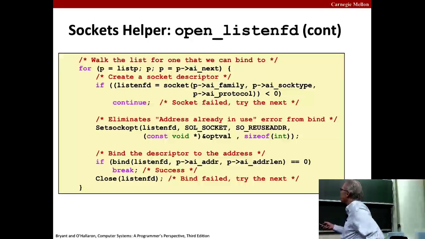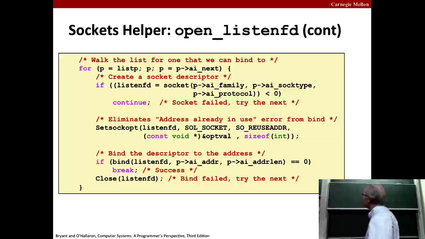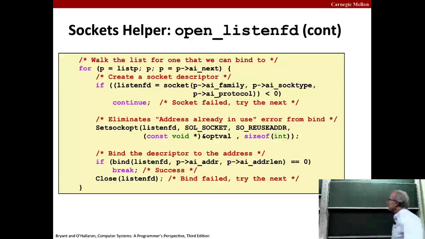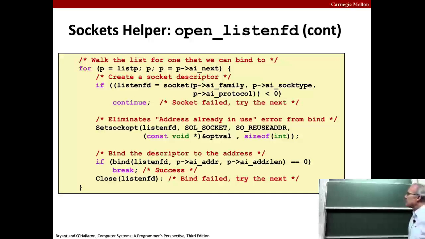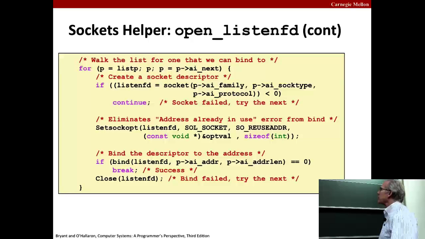Then again, it passes in the information that was filled in by the call to getaddrinfo. We're not quite done yet, but if this succeeds, then we've bound a port number and a file descriptor together, in a socket.